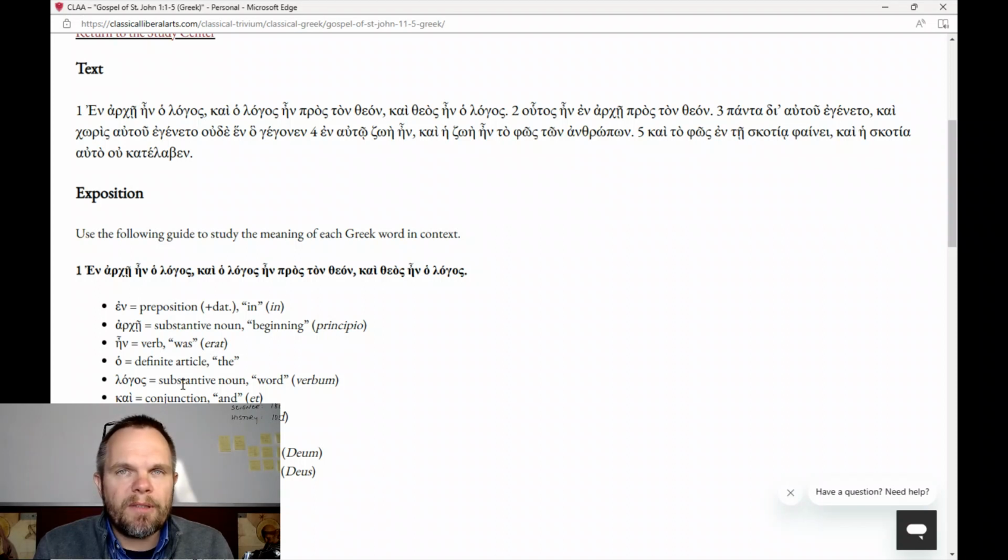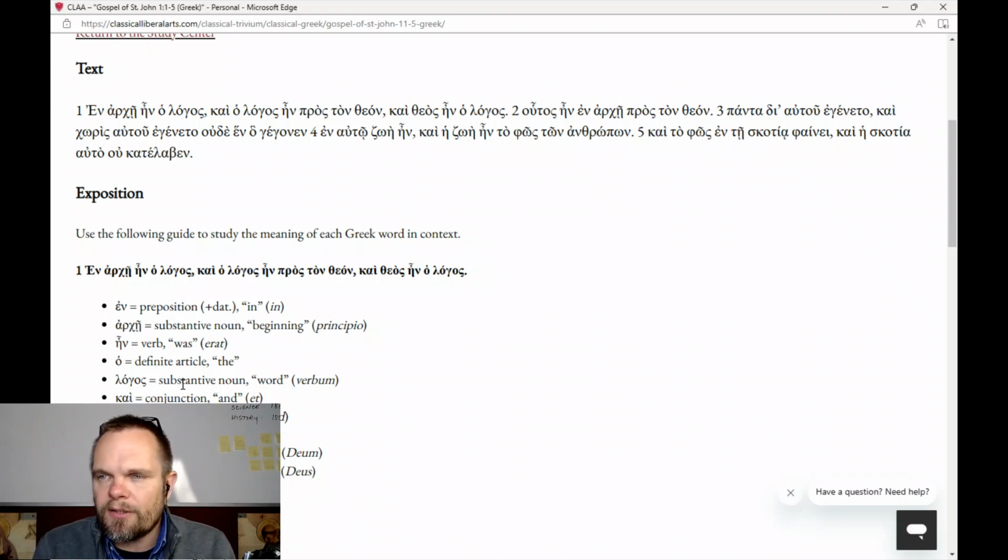We have a prepositional phrase. Pros ton theon. Pros is a preposition. It means with, and again, you'll see these prepositions, they have a range of meaning, and the only way that you can determine how they should be translated is by the context, and you'll learn that with experience over time.